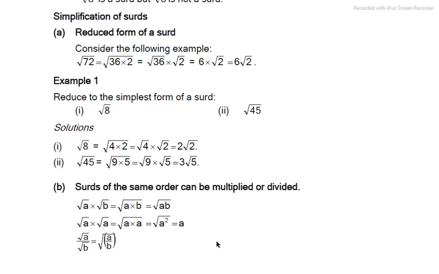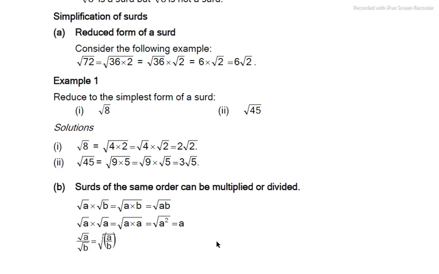But there is a way we can simplify this. Now the logic is we get two factors that you multiply to get 72. But the condition is one of these two factors must be a square number.